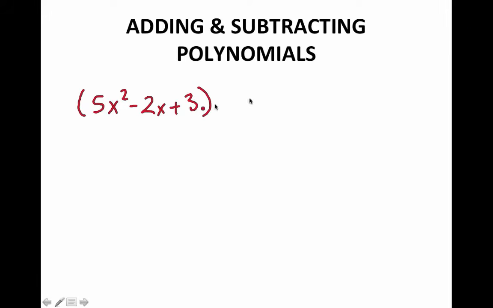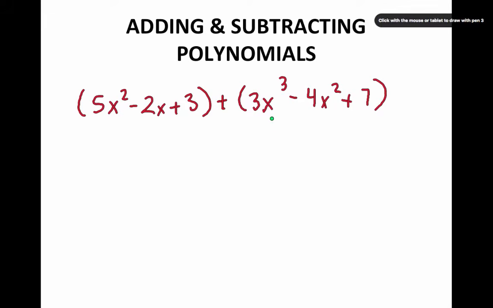So we can add and subtract polynomials, and it's just like combining like terms. So say we had a problem like this. We have a trinomial plus a trinomial, and we're just going to add like terms, and what I mean by like term is they have the same variable raised to the same exponent.